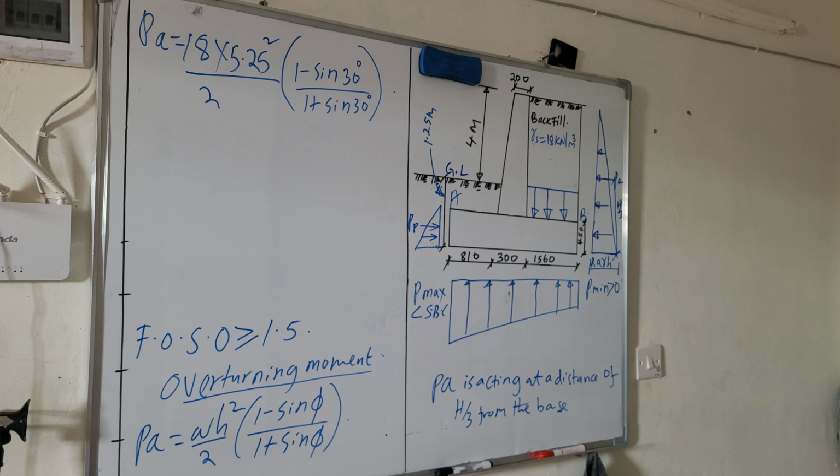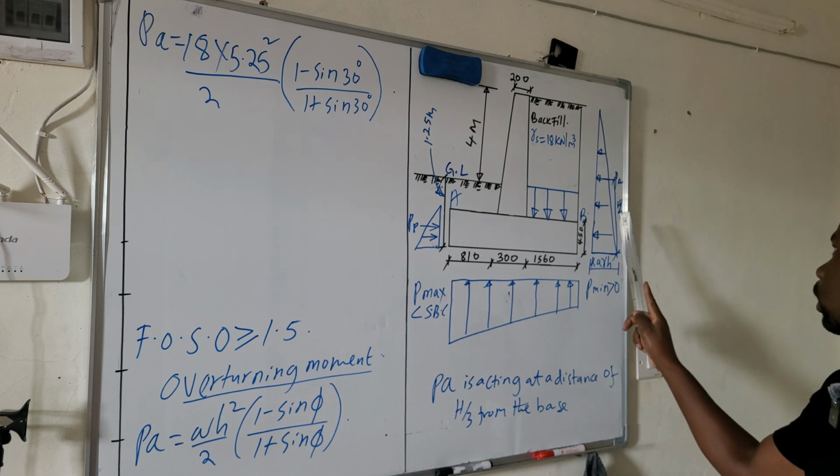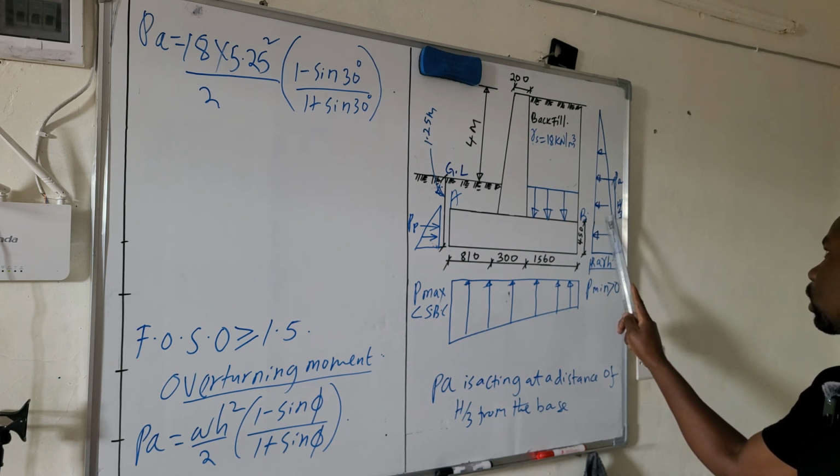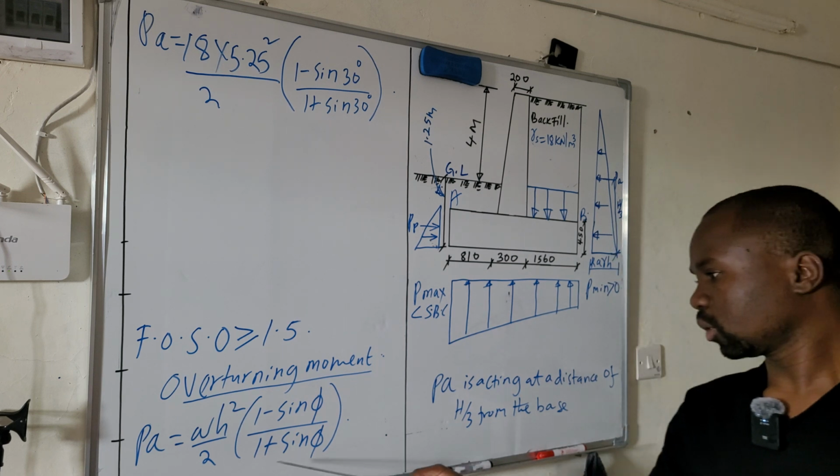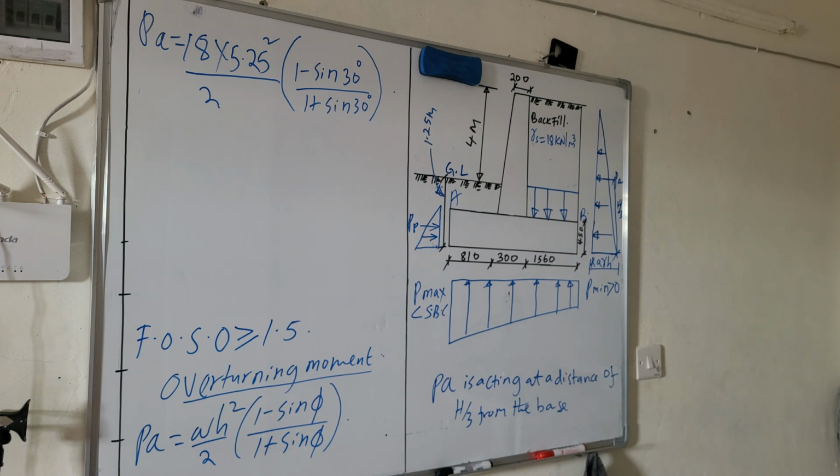So if you continue, you know that the formula for getting the area of this shape is a half base times height. So if you proceed, you will end up with this formula.